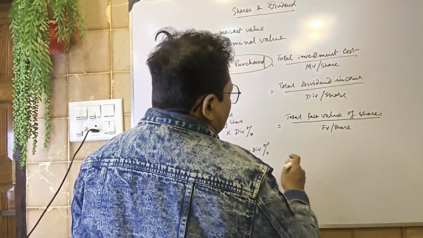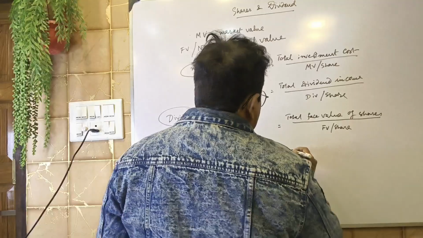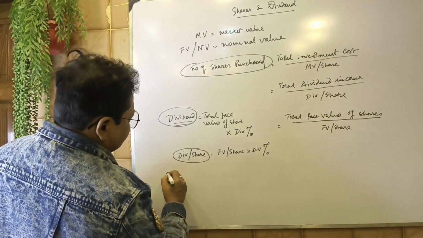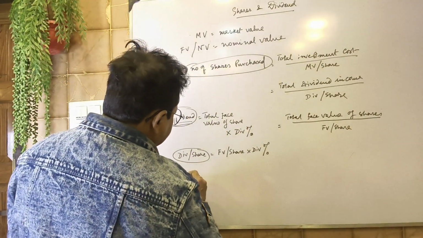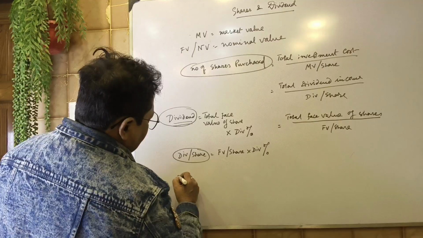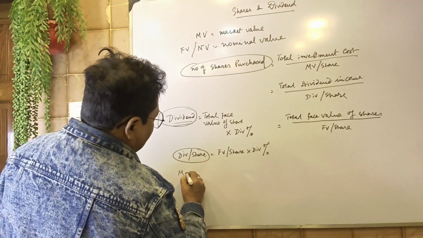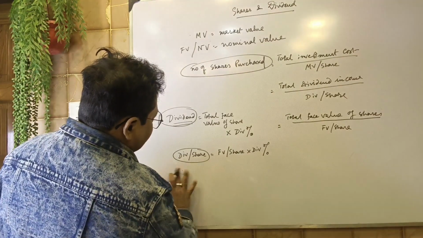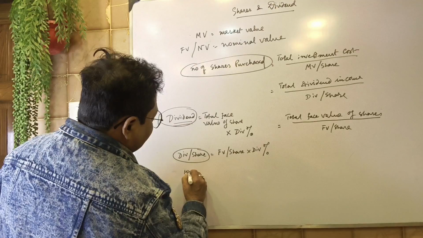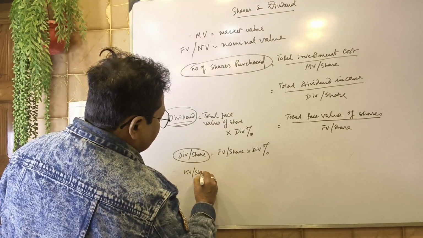total. And now I come to another formula, that is market value per share, MV.